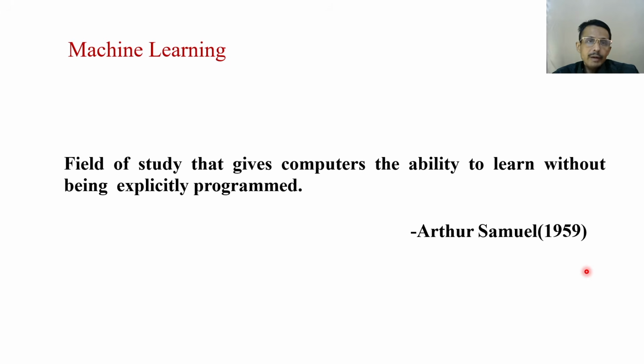Now we're going to define machine learning. In 1959, Arthur Samuel defined machine learning as a field of study that gives computers the ability to learn without being explicitly programmed. So machine learning is not a normal program.